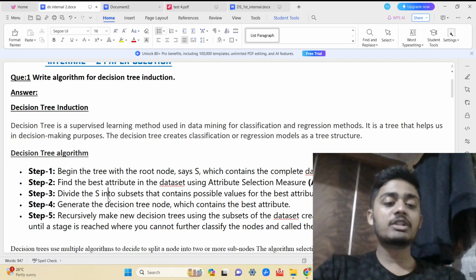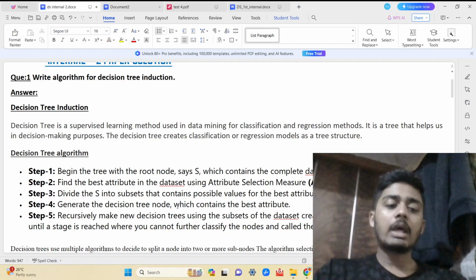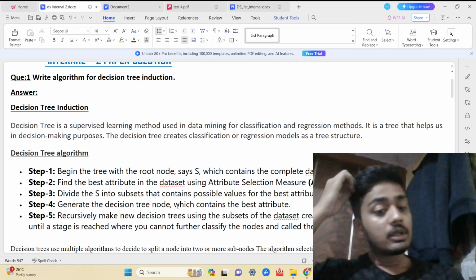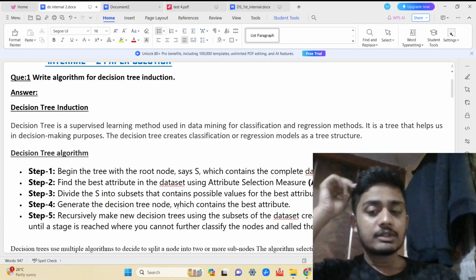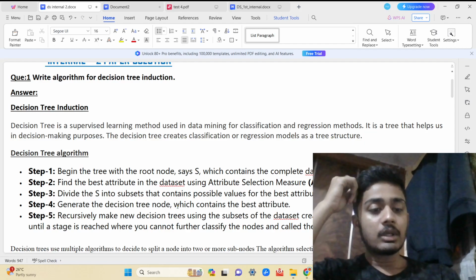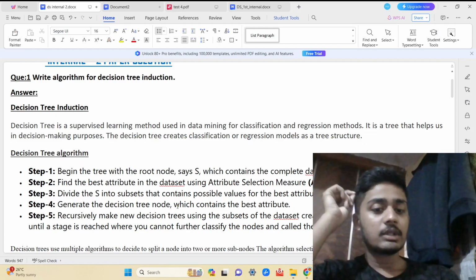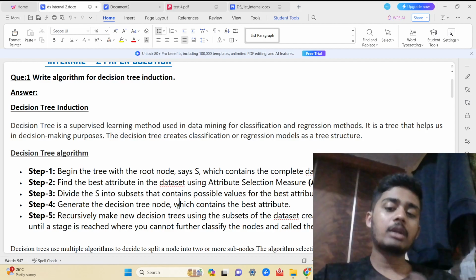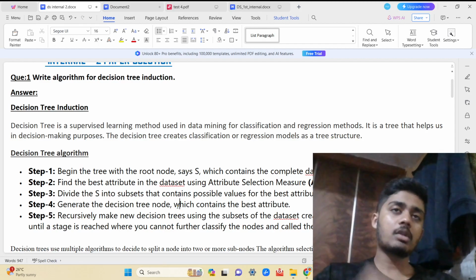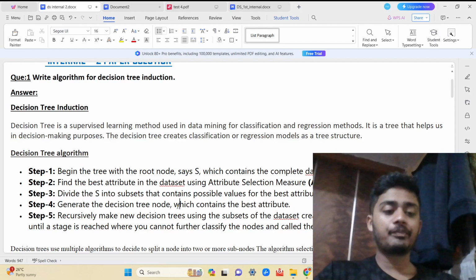Then step 4 is to generate the decision tree node which contains the best attribute, and at last, recursively make new decision trees using the subsets of the data set created in step 3, and continue this process until a stage is reached where you cannot further classify the nodes. That is called the final node or a leaf node. That is the answer for that decision.